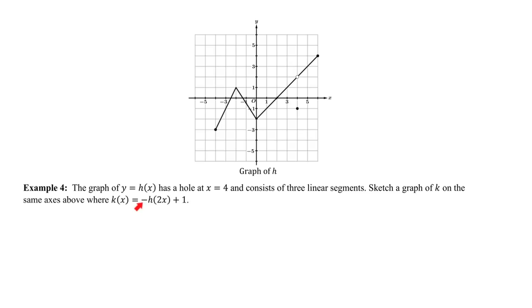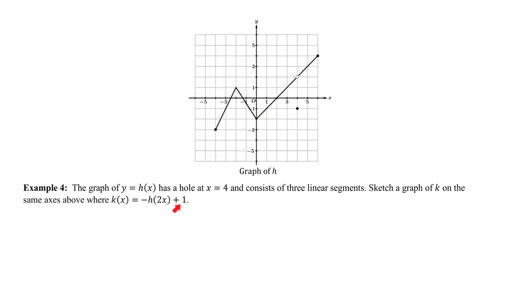What does a negative in front do? Well, that's going to reflect us over the x-axis. So it's going to invert this thing, right? What does the 2 inside do? Well, that means it's a horizontal dilation by 1/2, which means horizontally, this is going to be half as big. So it's going to be a lot shorter left to right.